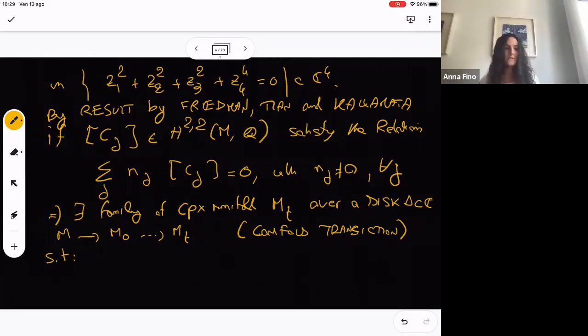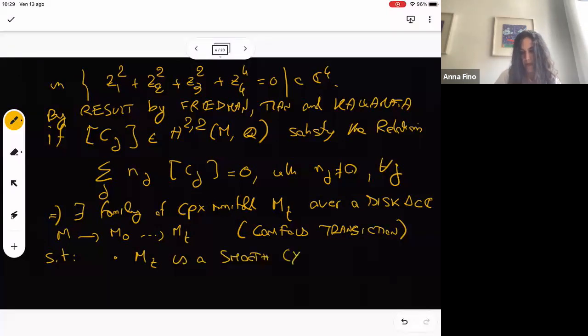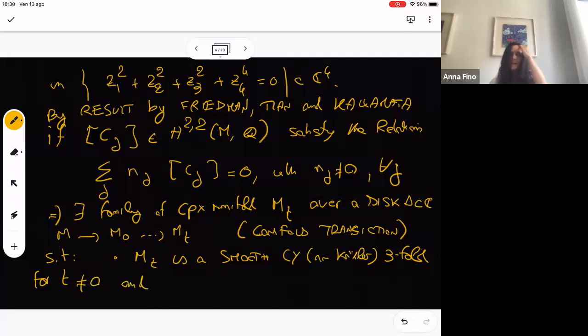Essentially, for t different from 0, MT is a smooth Calabi-Yau, generally non-Kähler, threefold. And for t small, we have control of what is going on near 0.